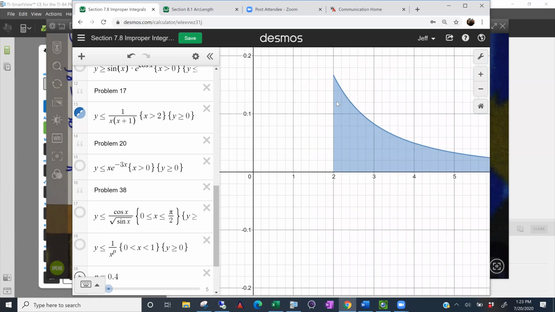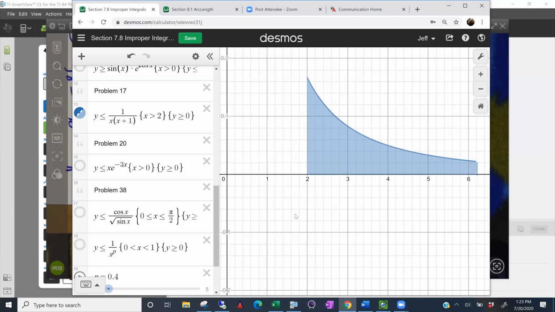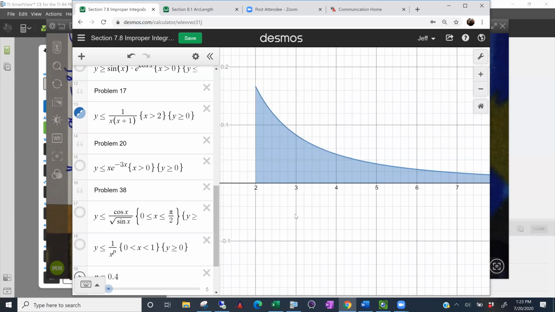Now what's going to happen is that if this curve gets close enough to the x-axis fast enough, then this area will be finite. If it is, great, we're happy, it converges. Now another thing here: notice that this area lies above the x-axis. What's that telling you about the answer? What kind of an answer would you expect? Positive. You expect a positive answer.